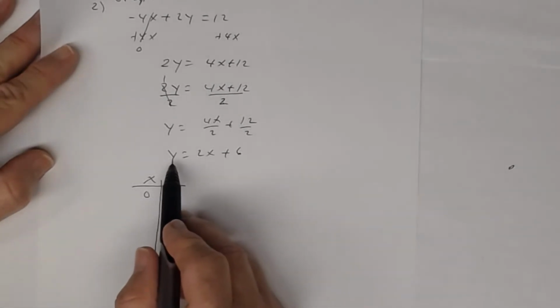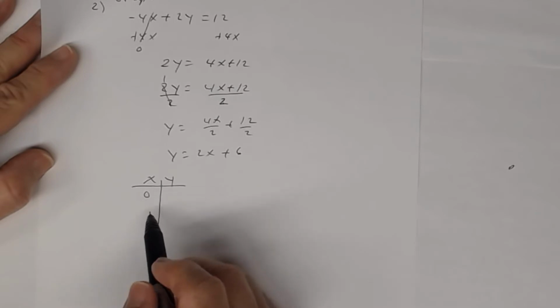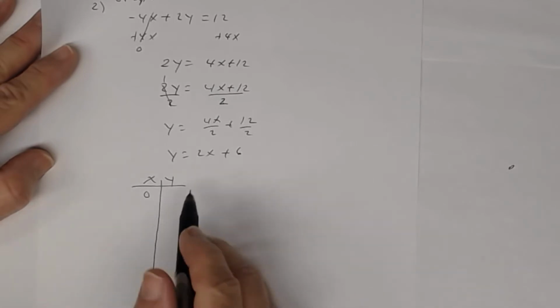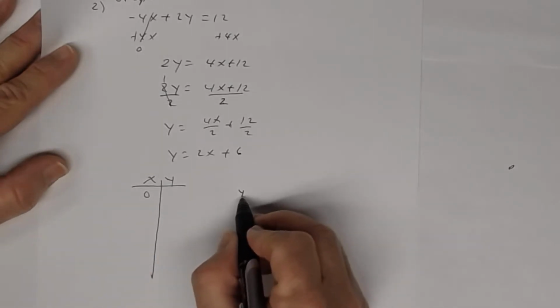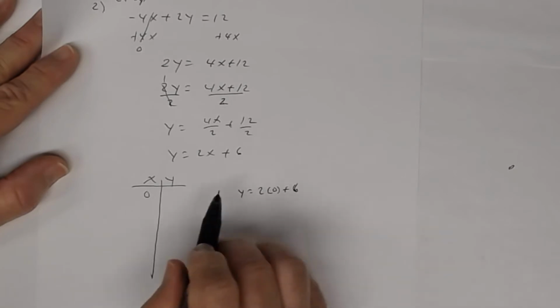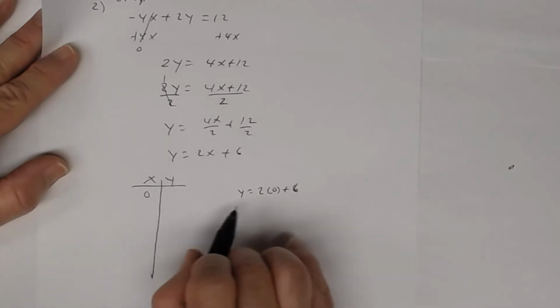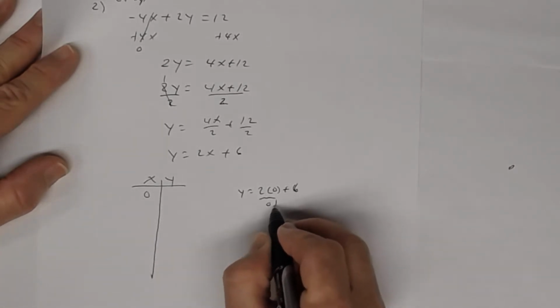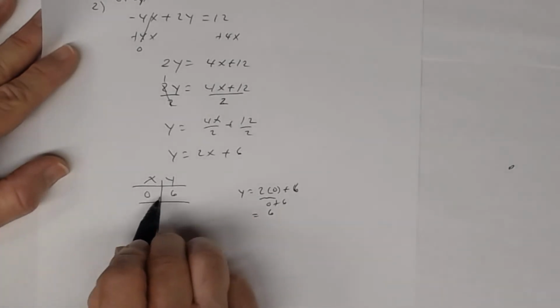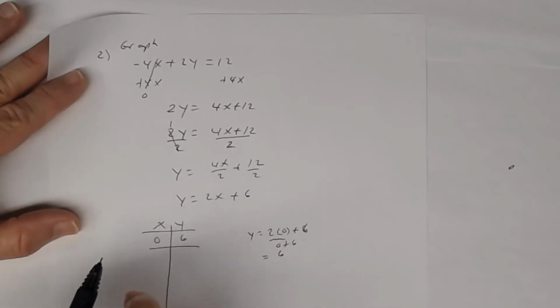Since whenever you get y by itself, always substitute numbers for x first, and then you can easily find y. So if x is 0, I get y equals 2 times 0 plus 6, where we saw the variable x, you substitute 0. And then 2 times 0 is 0. 0 plus 6 is 6. So 0, 6 is a solution to this equation.